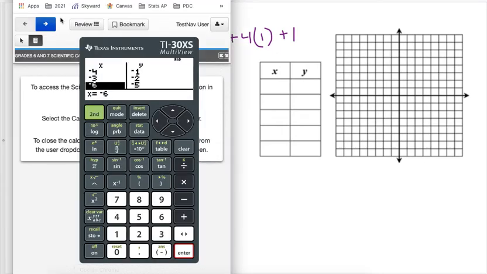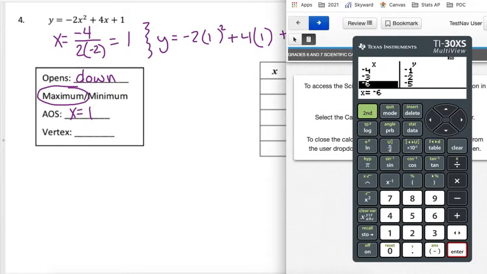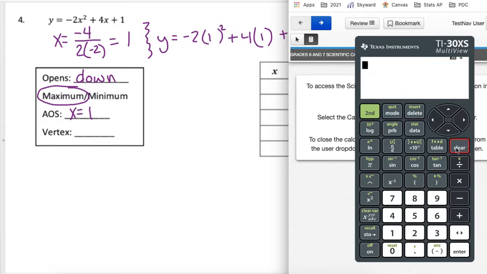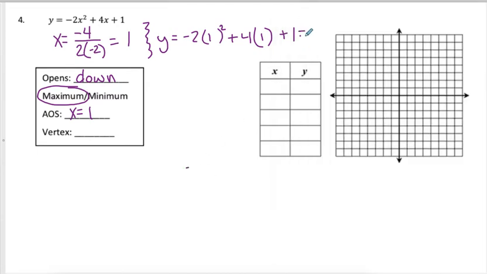So, again, we're learning how to use our calculator a couple different ways. Negative 2, 1 squared, plus 4 times 1 plus 1 gives us a y value of 3. So my vertex is going to be at 1, 3. Here's my vertex. I put it right in the middle.